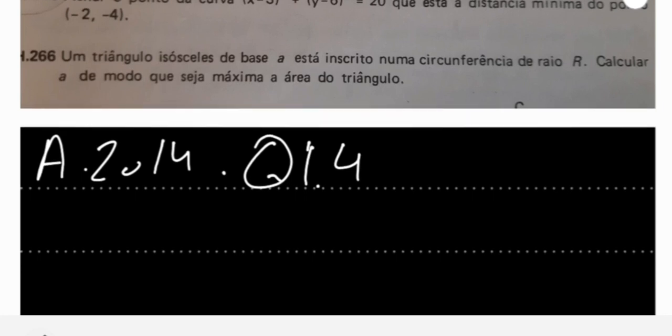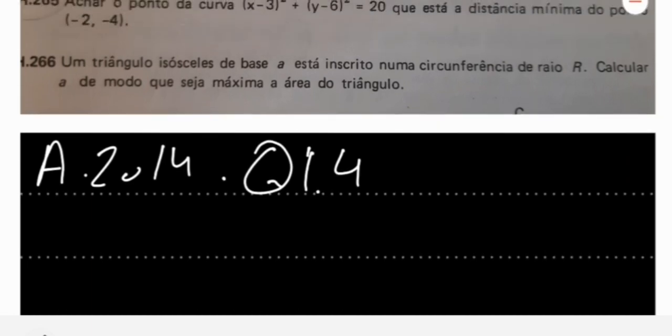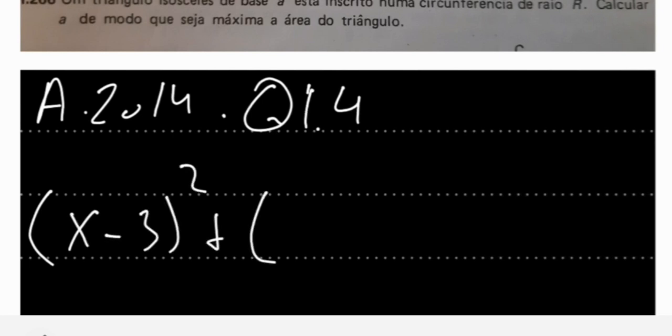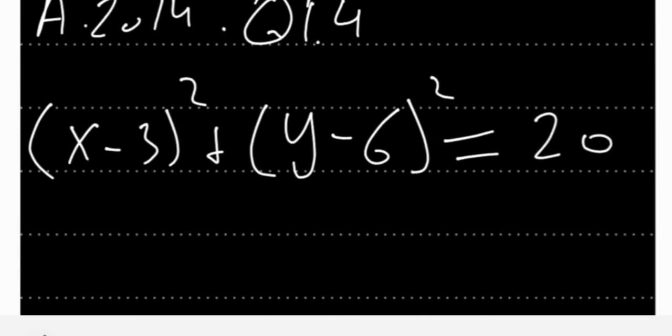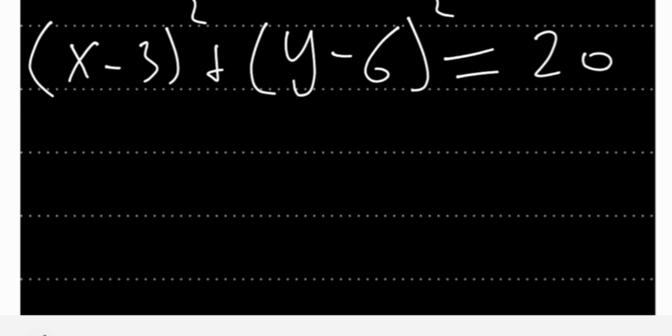Find the point on the curve, this curve, that is at the minimum distance to the point (-2, -4). So look, the curve that he is giving you is (x - 3)² + (y - 6)² = 20. So if you remember from analytic geometry, for a circumference, this is the center.